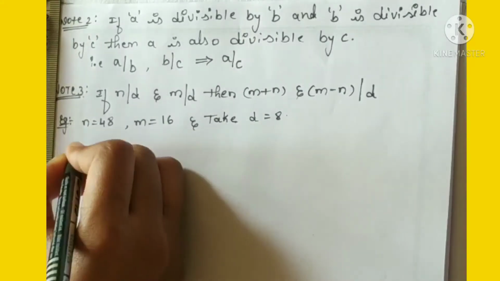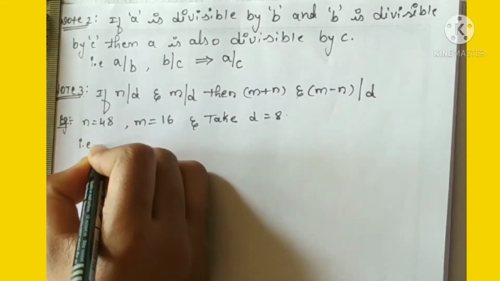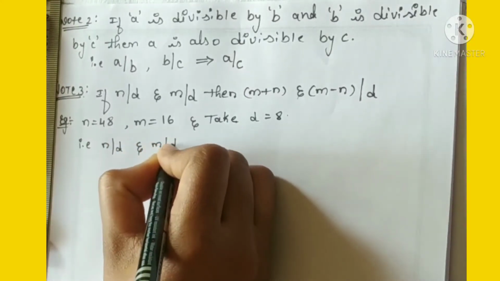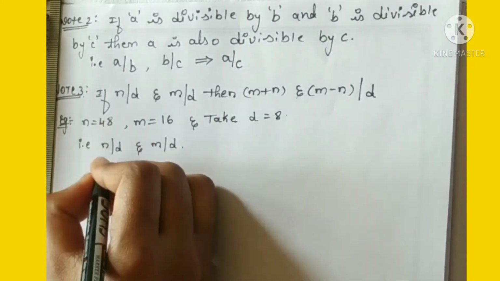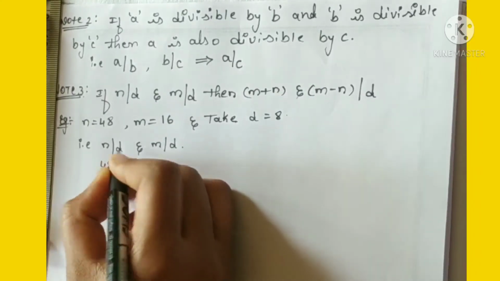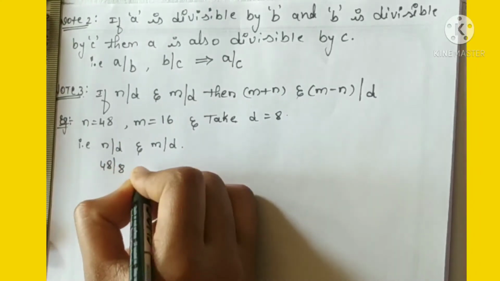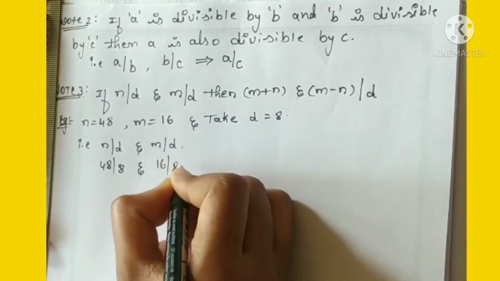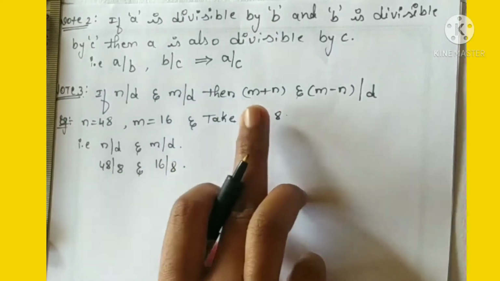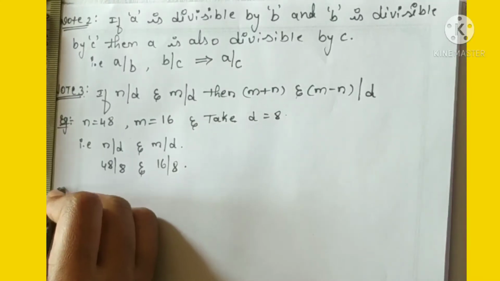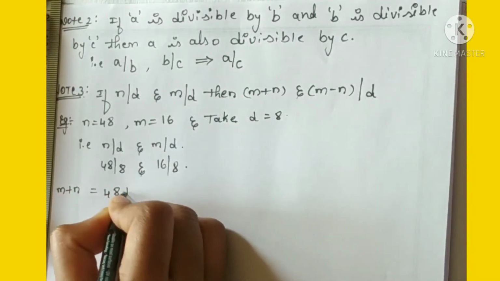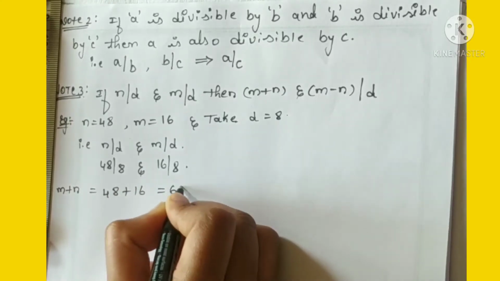So that is, N divides D and M divides D. Here N means 48. 48 is divisible by 8 and 16 is also divisible by 8. Now M plus N means 48 plus 16, which is equal to 64.